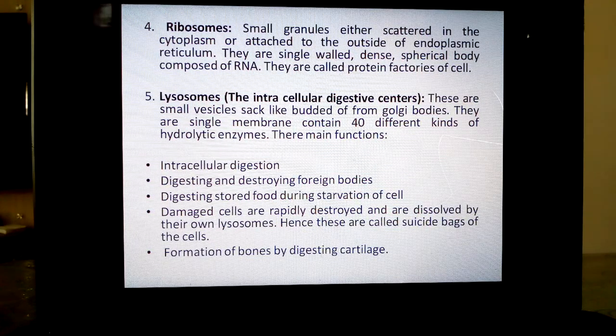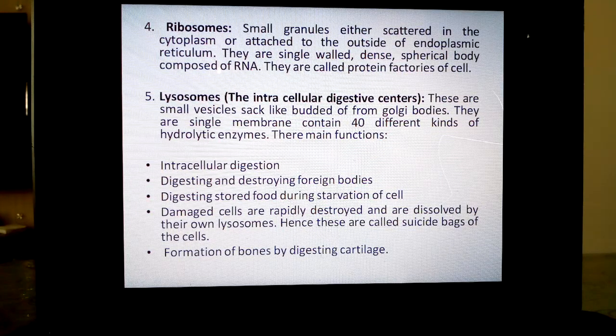Sometimes foreign bodies like toxic substances, poisonous structures, some virus, bacteria enter into the cell, and they destroy and digest them. They also digest stored food during starvation of the cell. Sometimes on a fasting day, due to various reasons, certain cells will not get food at all. That is called a starvation situation. In that situation, like a storehouse, they provide food to the cell.